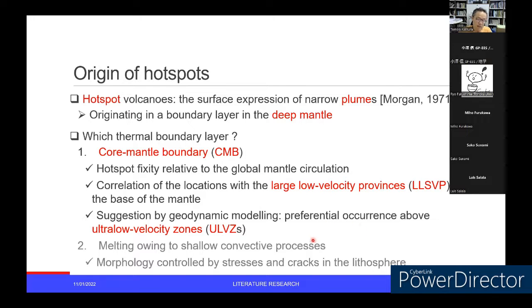Some studies claimed the hotspot melting is caused by shallow convecting processes. They considered this idea because the morphology of the hotspot seems controlled by stresses and cracks in the lithosphere. However, we do not consider this possibility in the current argument.